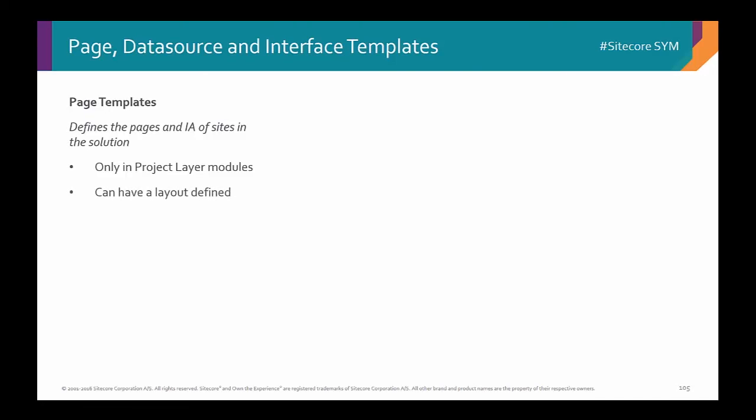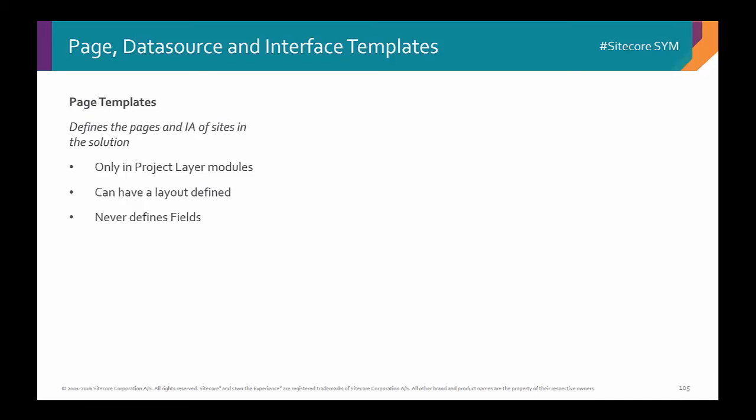They can have a layout defined. Given that it's a page template, it has a layout on it. Again, that's where it wires everything together. It never defines fields. A page type never has any fields because it doesn't have any business logic.